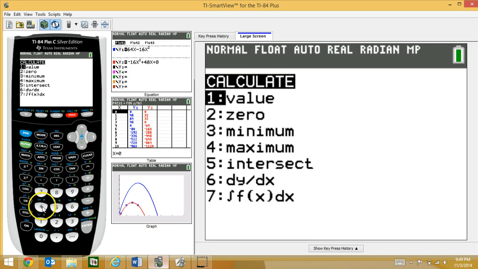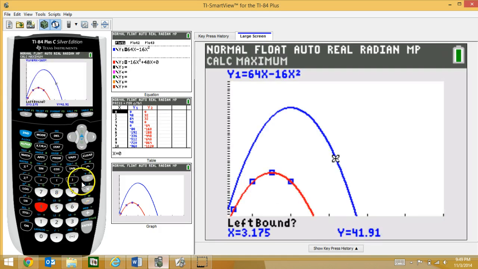And again, it's going to ask you for a left bound and then a right bound. Oh, it didn't catch my enter there.